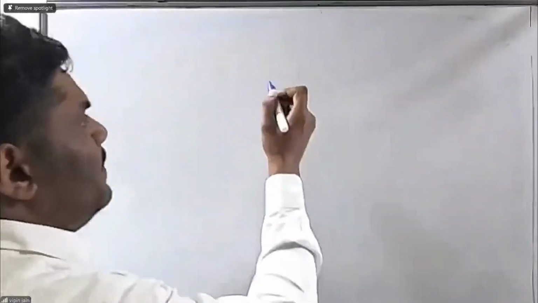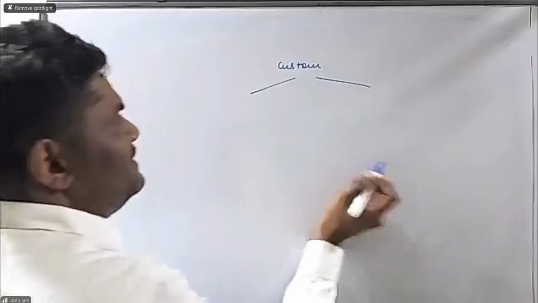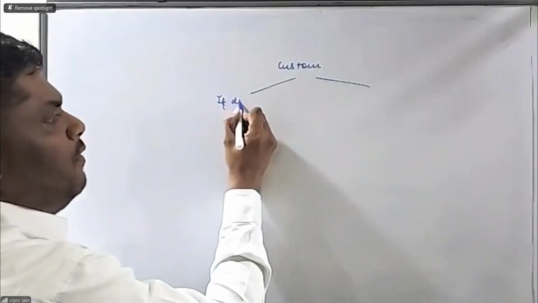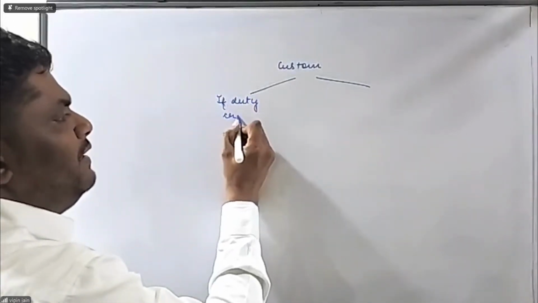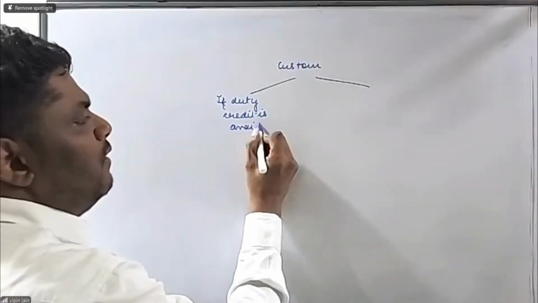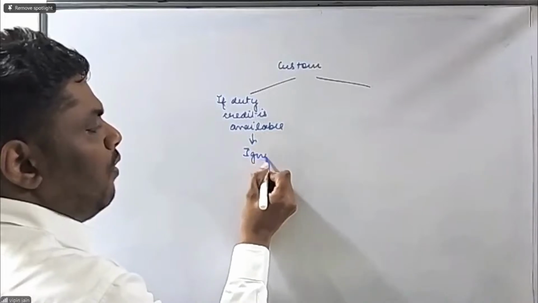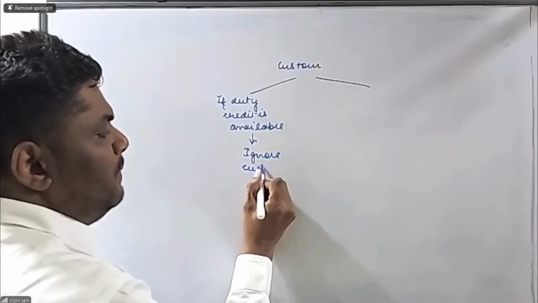Just write in your notebook so that while revising, it will be helpful for you. Now when talking about the custom duty, again, the concept is the same. If duty credit is available, then ignore the custom duty paid on imports.